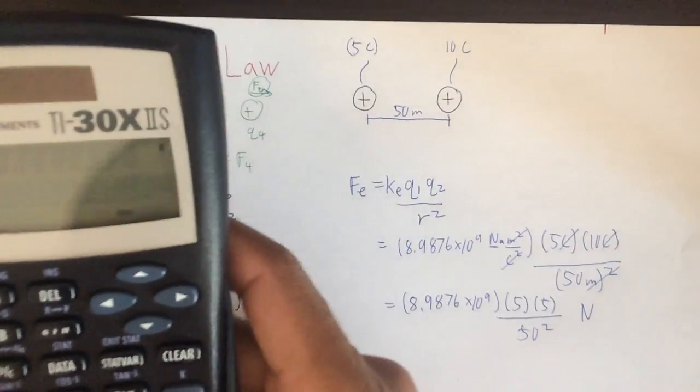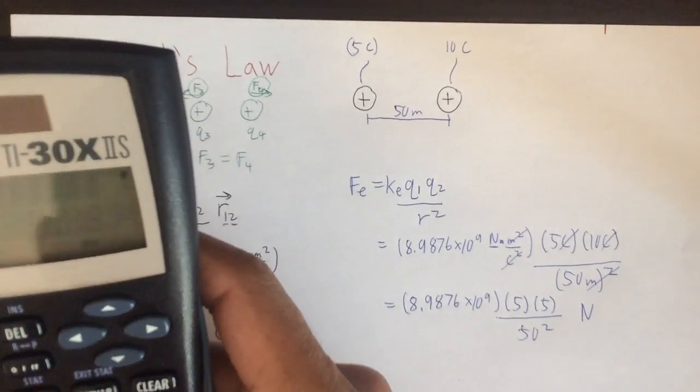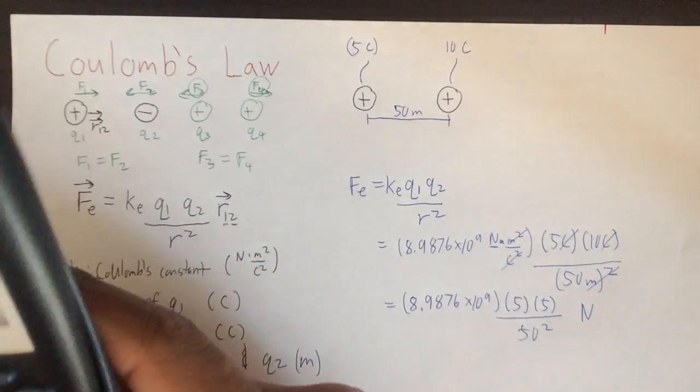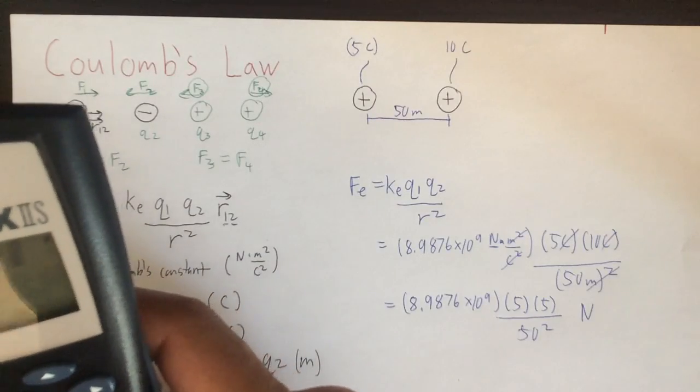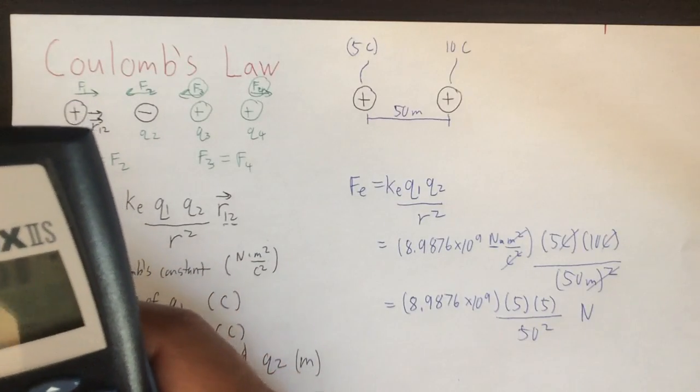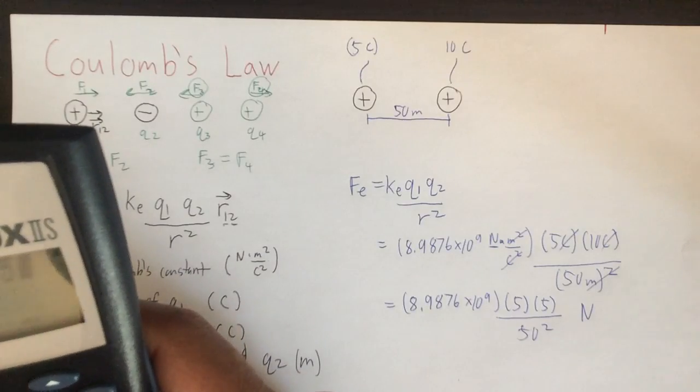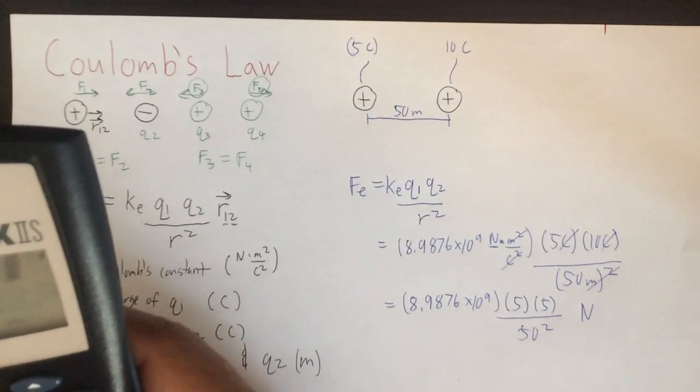So if we grab my calculator here, we can do this calculation. 8.9876 e to the 9th, or 10 to the 9th, times 5 times 5 divided by 50 divided by 50.